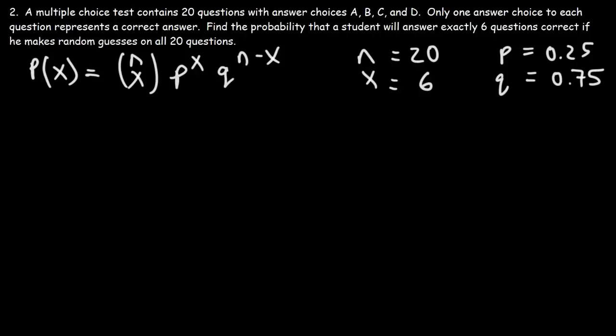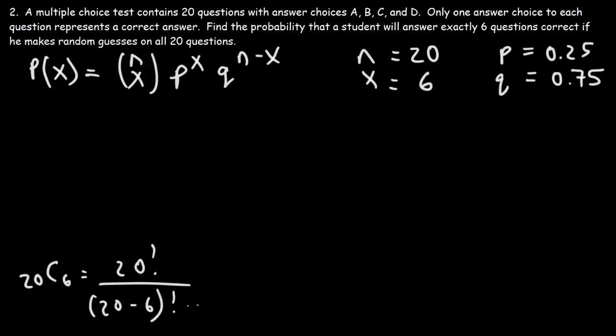So now that we have the values of n, x, p, and q, let's go ahead and calculate the value of nCx, or 20C6. This is going to be 20 factorial divided by 20 minus 6 factorial times 6 factorial.